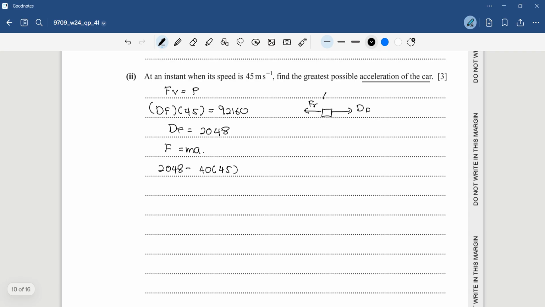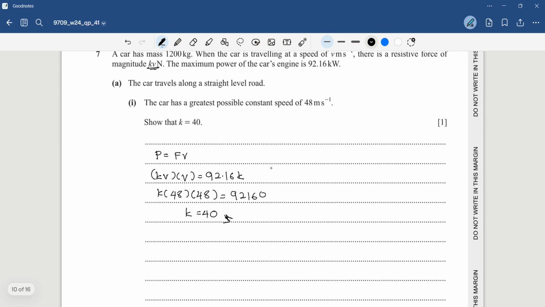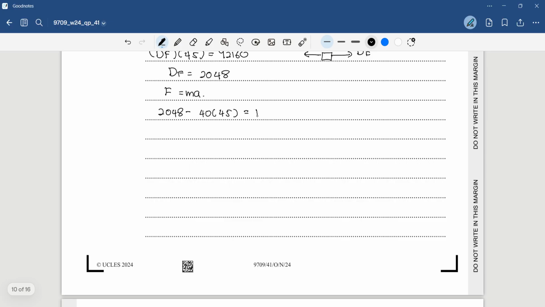So remember this, your kV equivalent to m. What is the m just now? 1200. So m is 1200 a. Therefore, my a is going to be 31 over 150.